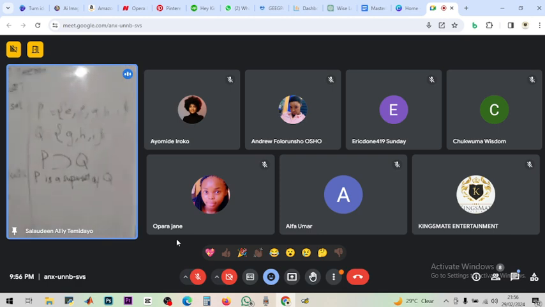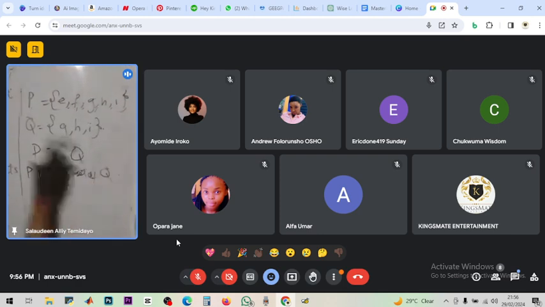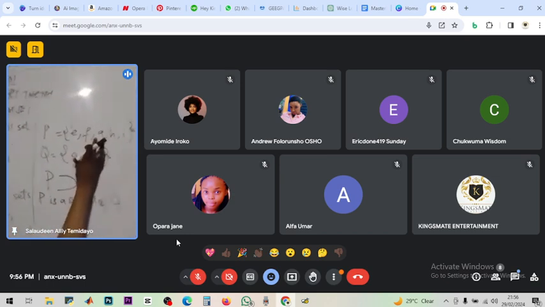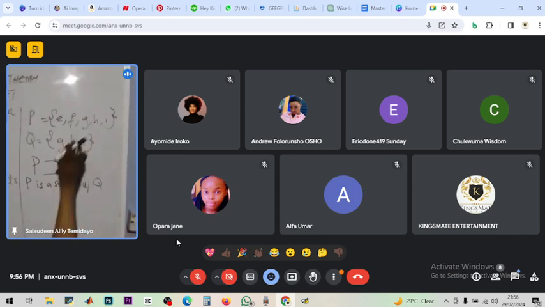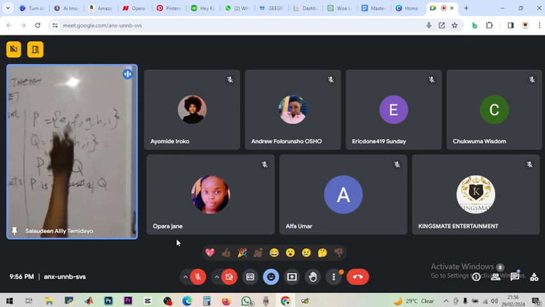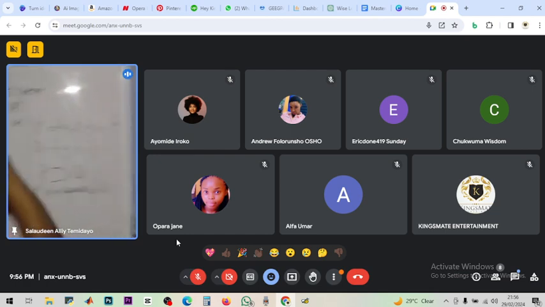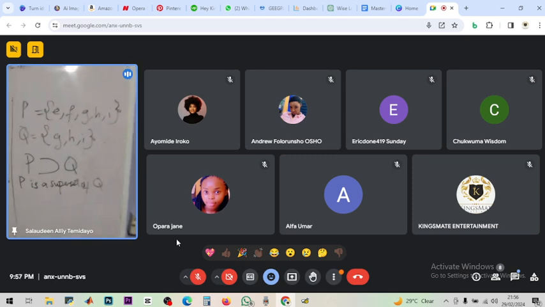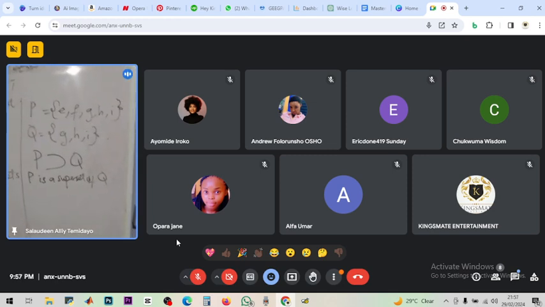When we say P is a superset of Q, it means P has G, which is present in Q. It has H, which is present in Q, and it has I, which is present in Q. While Q does not have E that is in P. Q does not have F that is in P. Definitely P is bigger than it, right?